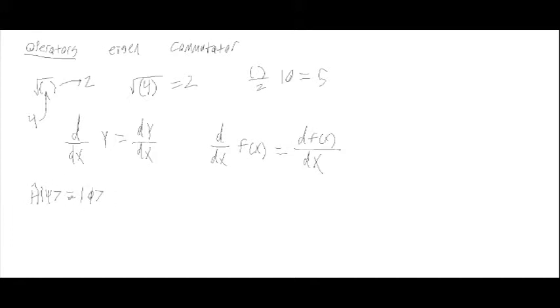As I talked about in the video on Hermitian operators, we can take our operator and operate on this wave function, and that will give us the same wave function multiplied by some scalar.